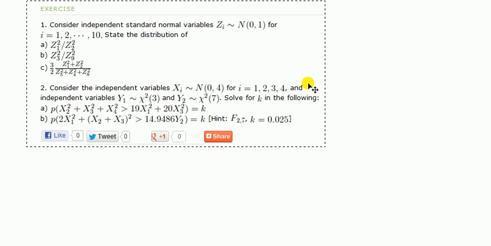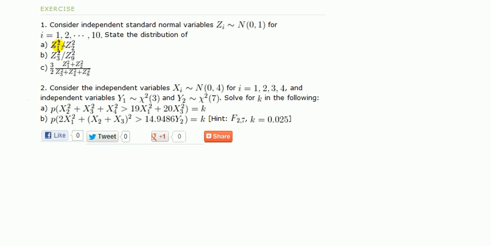Right. What we can see straight away is that the numerator involves a standard normal squared, and the bottom involves a standard normal squared. And remember, when we see standard normal squares added together, that points to a chi-square.